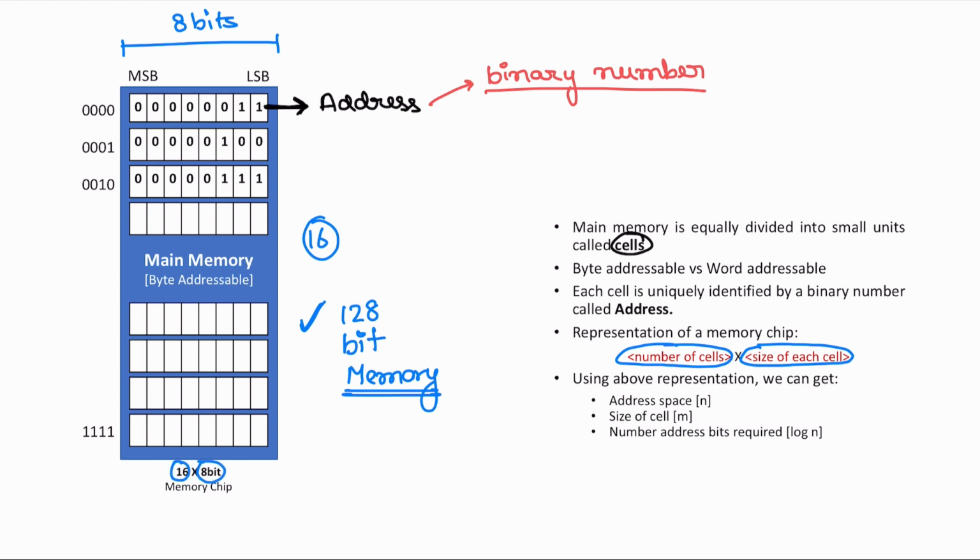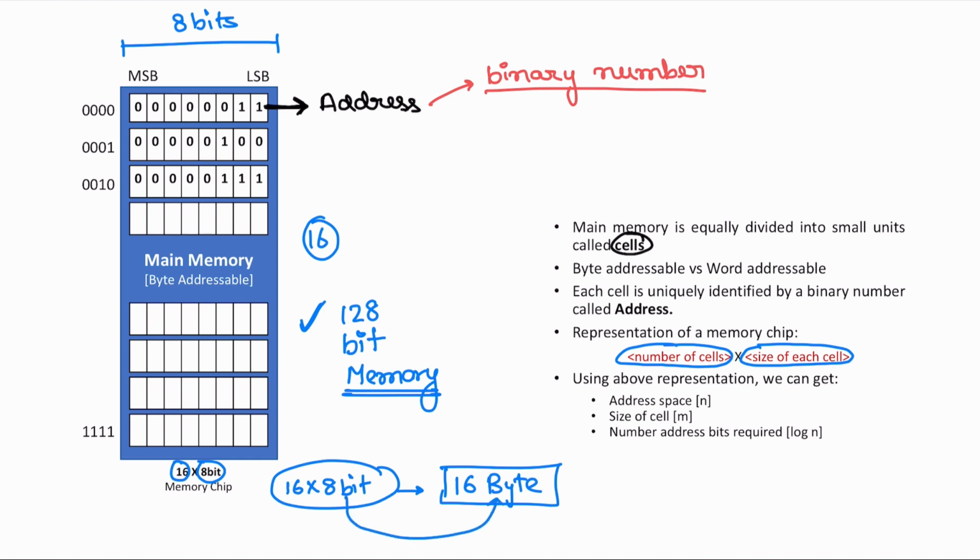It will be represented as a 16 cross 8-bit memory chip. It can also be represented as a 16 byte memory, because 8 bits is 1 byte. I think this is clear.